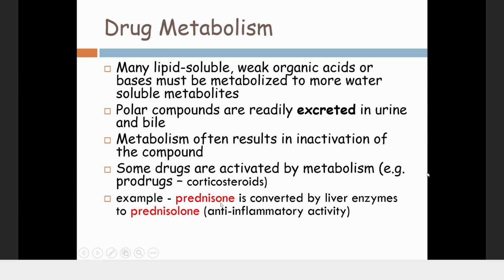Prednisone is converted by liver enzymes to prednisolone, which has the anti-inflammatory property or activity. So prednisone is converted by the liver enzymes and produces the metabolite prednisolone, an active compound which has the anti-inflammatory property.